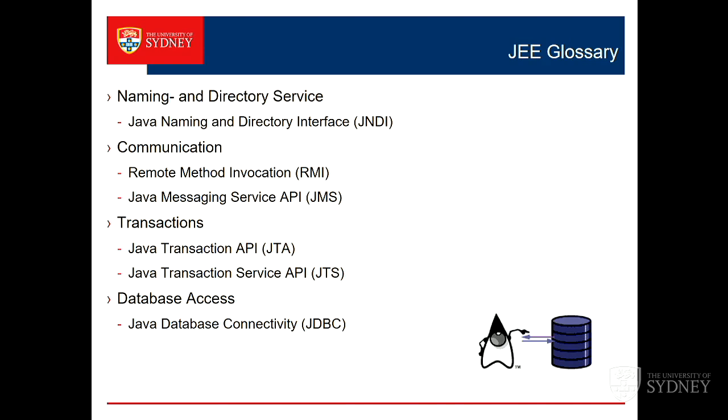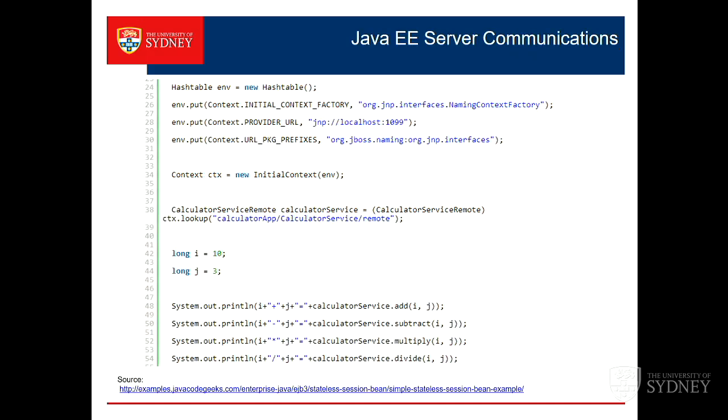And that's an ORPC protocol. We've got Java Messaging Service, which is a message queuing type interface. We've got transaction support, and we've got a low-level database interface, which will probably be subsumed in entity beans.